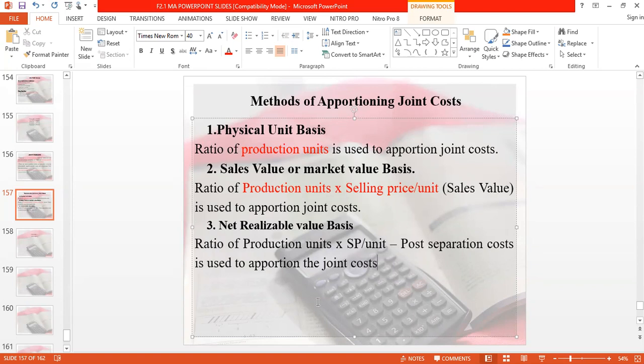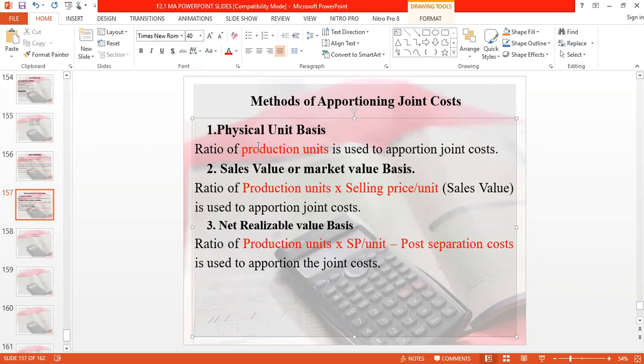Take your time in this. The calculation is not complicated. The keyword is ratio of production units times selling price per unit minus post separation costs is used to apportion joint costs.